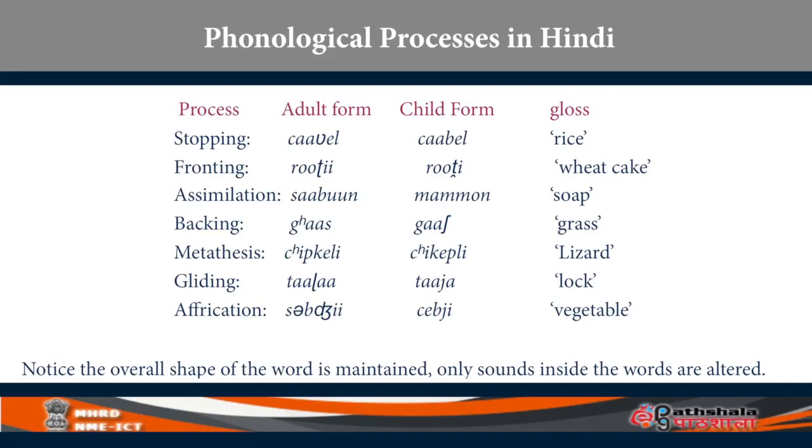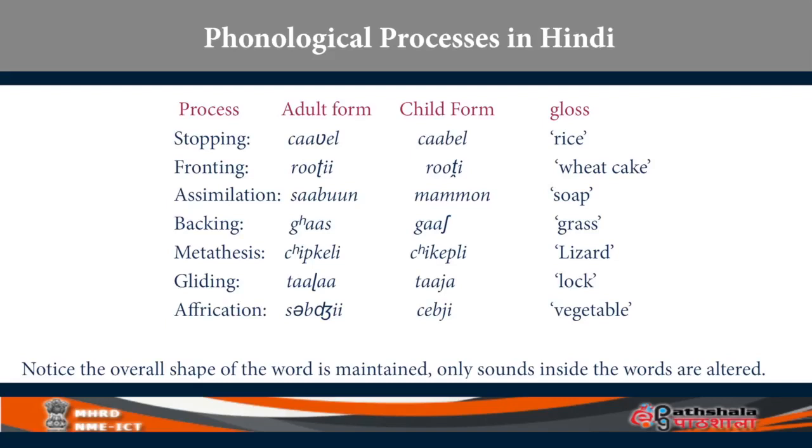So, fronting: ra is at the back, ta is in front, so it's fronting. In chabal, basically stopping. Assimilation: saboon, the child is saying mamoon. So, the nasal sound na is influencing the non-nasal sa, and the whole thing is becoming nasal, mamoon.